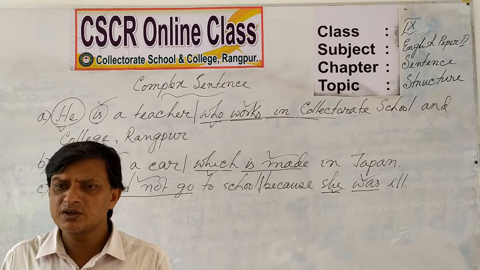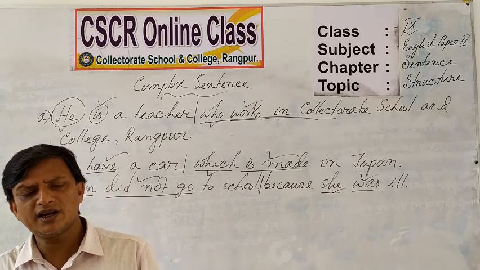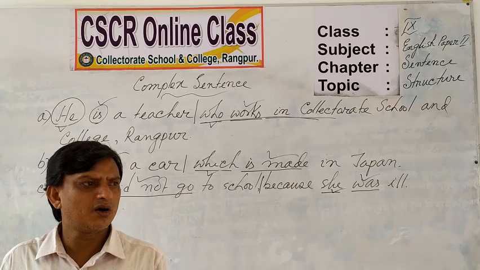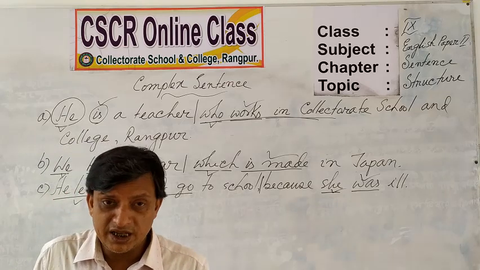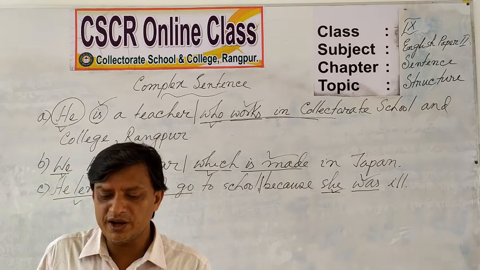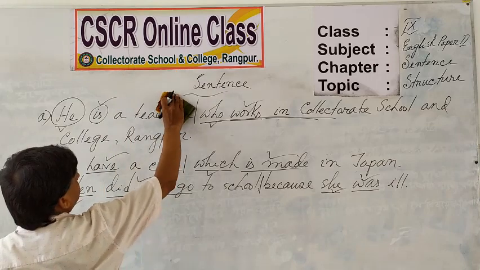Of the two parts, one part is the principal clause or principal part, and another part is the subordinate part or helping part or dependent part. These are features of a complex sentence. Then we can approach the compound sentence.